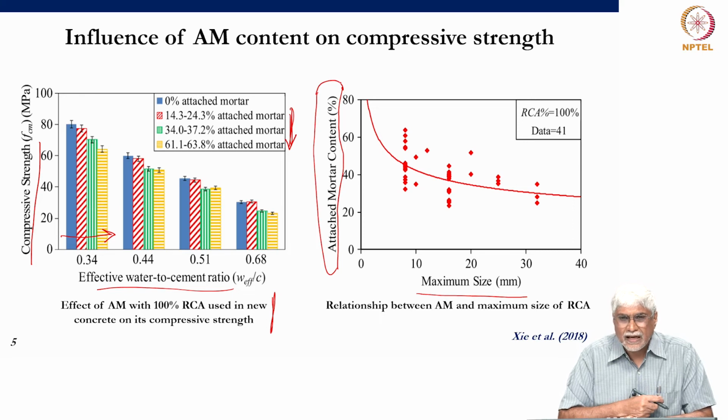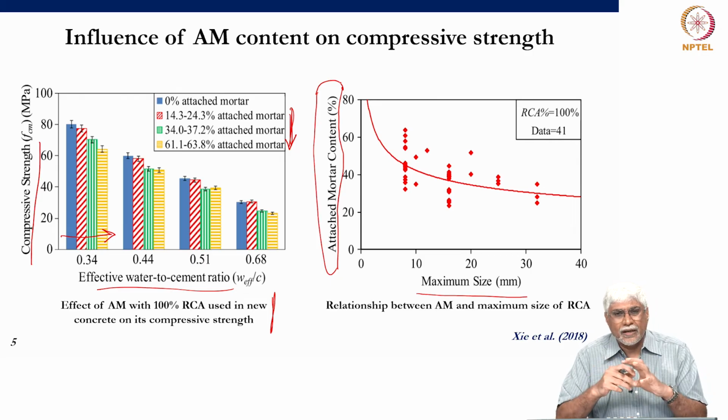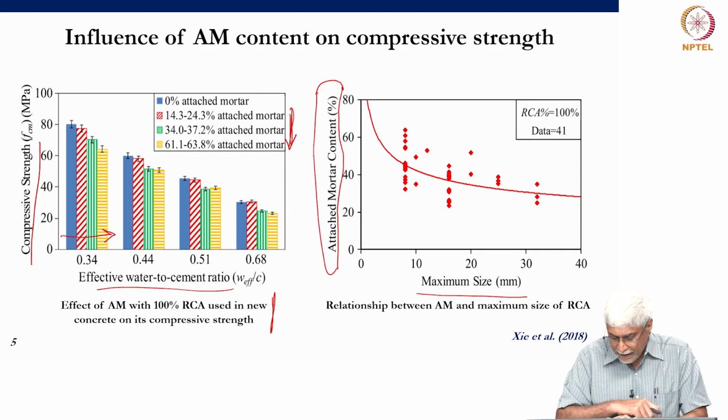So that's why I said some time back that it would be good to have large aggregates used. We also have to do something with the fines to replace the sand, but generally we will find that as a percentage, there will be more adhered mortar on smaller aggregates than larger aggregates. The larger aggregates you are able to remove more, and that layer which is stuck will be relatively less in the larger aggregates than in the smaller aggregates.